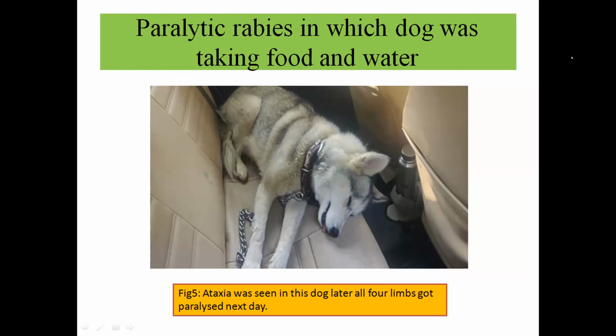So I want to clarify here that hydrophobia and aphagia are not signs of rabies in dogs. Usually we have a misconception in mind that if it is rabies, the dog will not drink water. Even I have seen dogs drinking milk, drinking water. In this dog, ataxia was there, and the dog later developed all 4 limb paralysis.